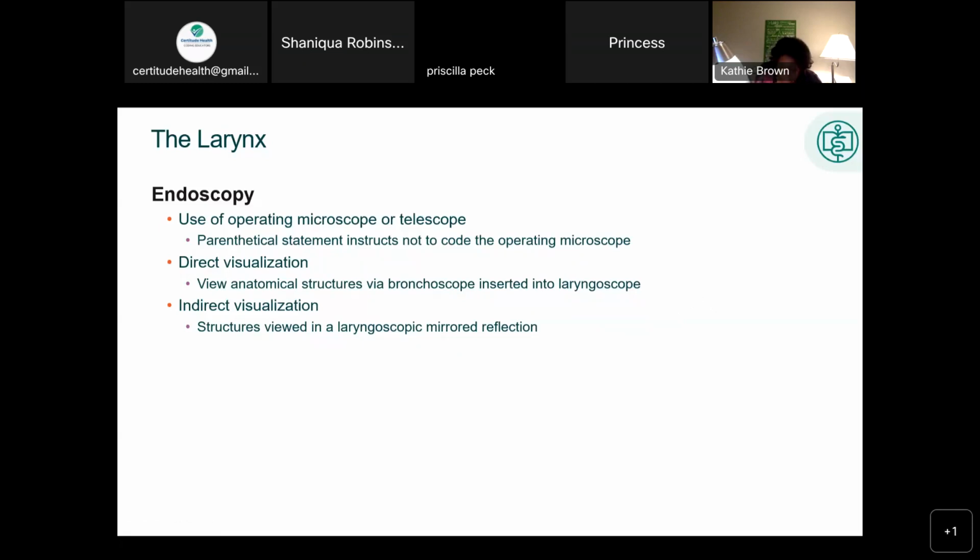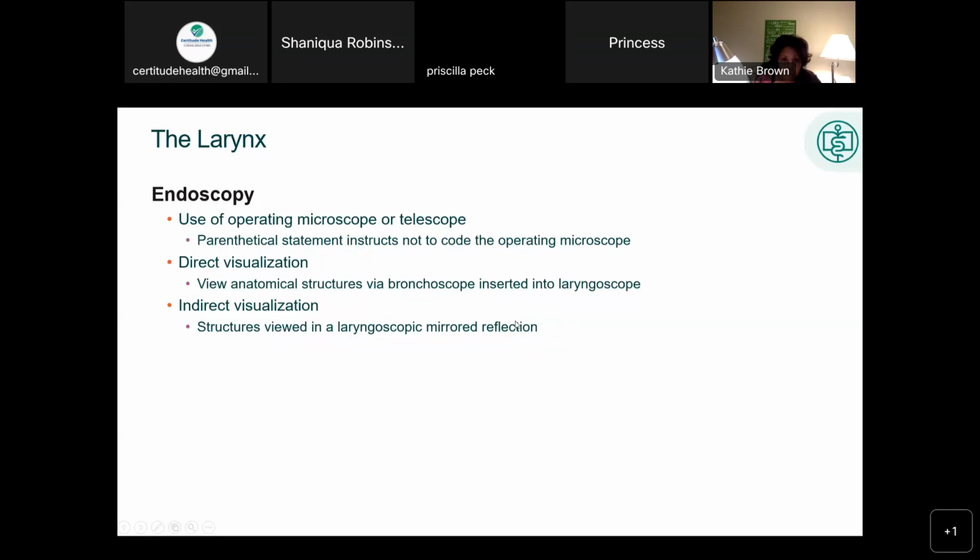I'm thinking if they need a direct view, then they need it to be more magnified, so they have to use two scopes. If I think about it like that, it makes sense in my head. The indirect visualization means that they are looking at the larynx through a mirrored reflection.